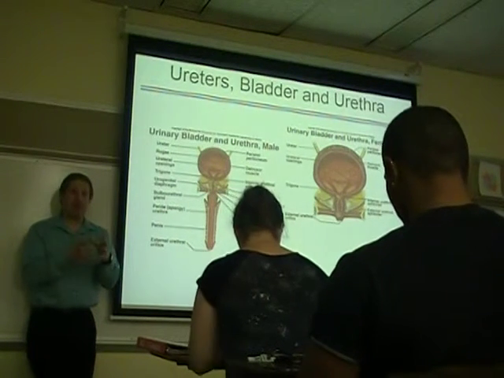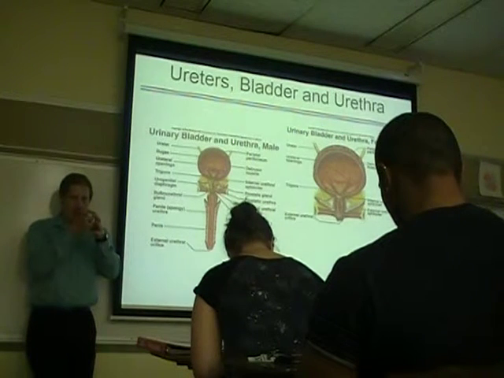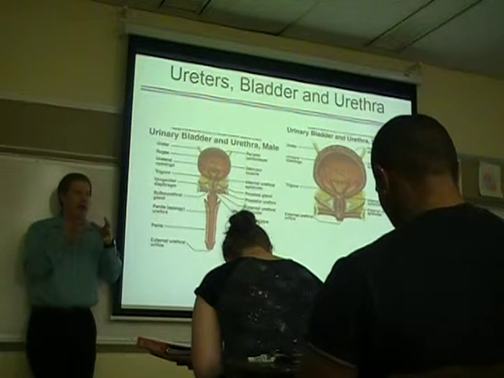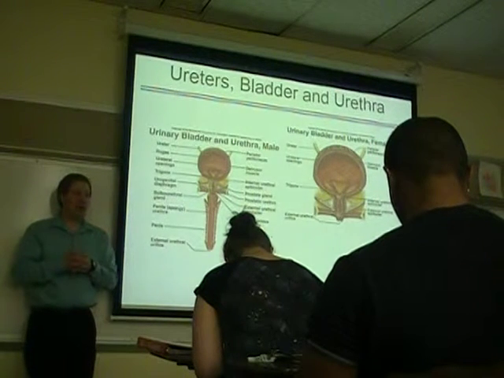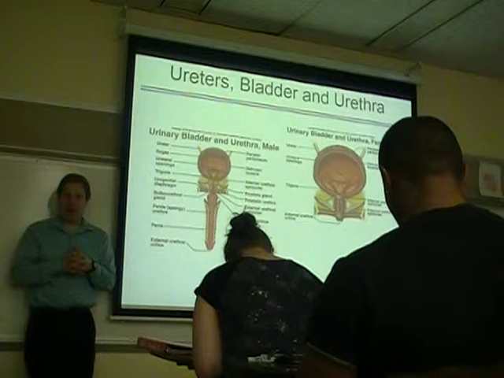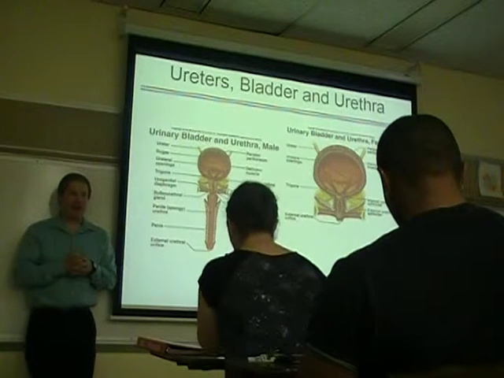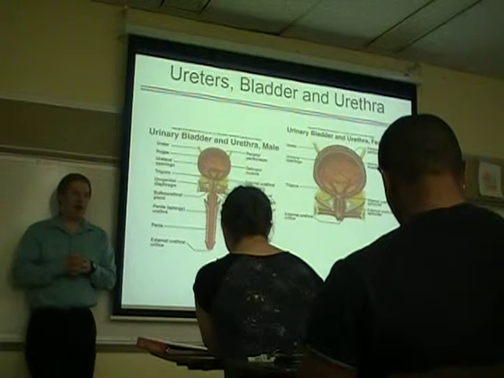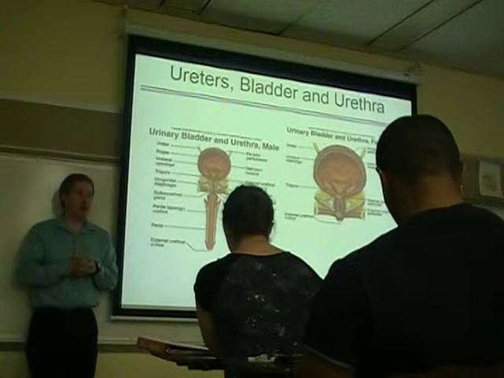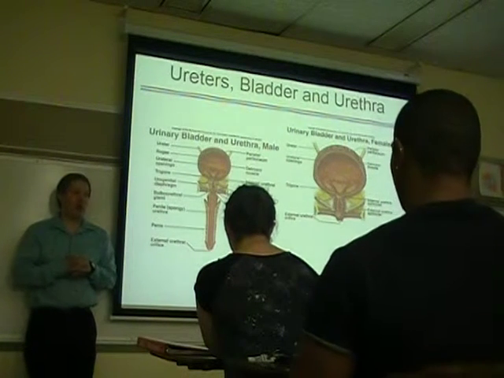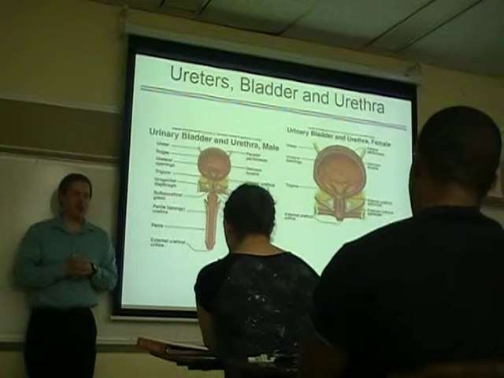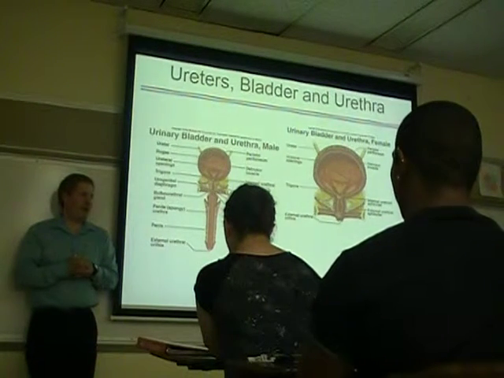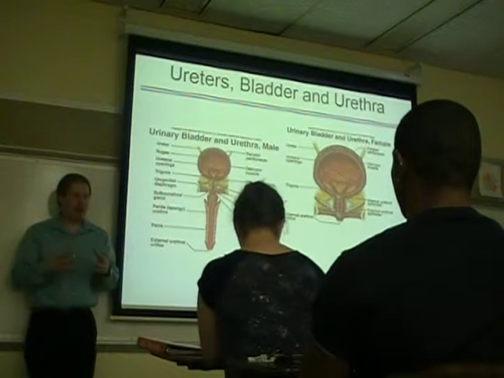There are stretch receptors in the wall of the urinary bladder that, when they stretch, send impulses into the spinal cord and then up to the brain so we can decide, yes, we have to urinate, but is it an appropriate time? No, it's not, so hold it, okay? You have that conscious ability to override the stretch receptor stimulus. Eventually, though, you'll have to succumb to those urges, but we have a pretty good way of overriding them.